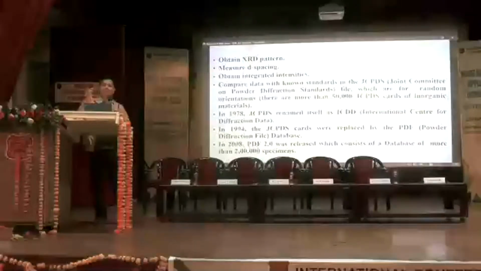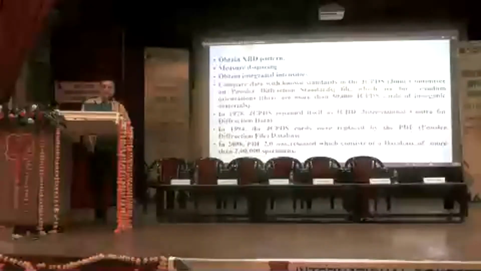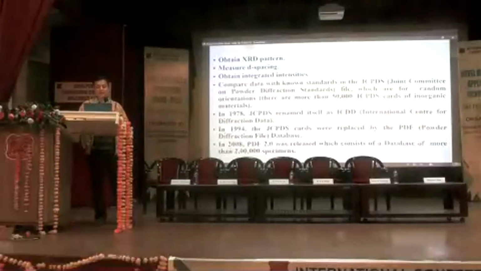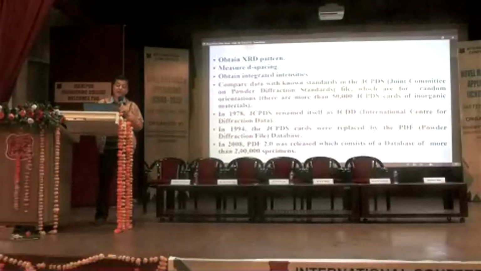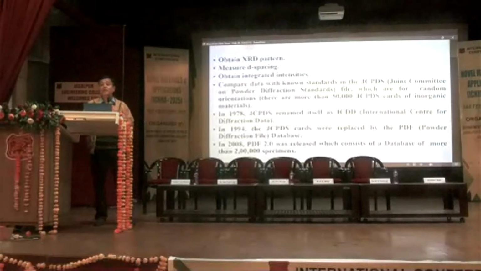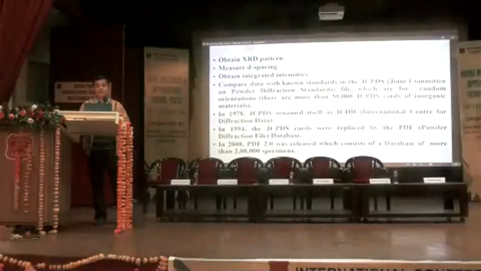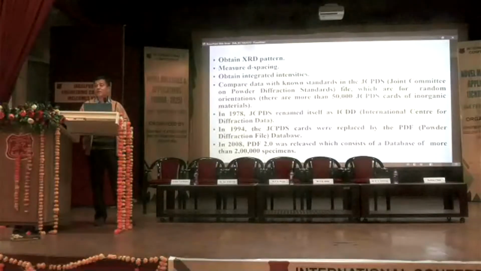You said that whatever we have done is comparable to that published result. But later it was converted to ICD, then later PDF, then PDF version 2 came, where more than 2 lakh specimens' structures are available, so you can compare whatever you are going to prepare with the standard database in PDF version 2.